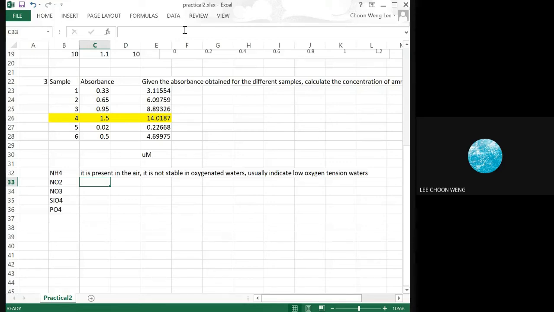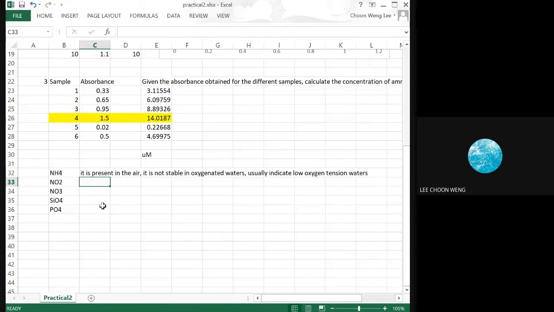Okay, that means the dissolved oxygen levels are low. That's why the ammonium can remain relatively stable in your sample. Okay, so that is what you can conclude about measuring ammonium in your samples.